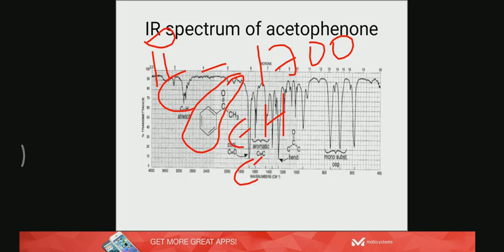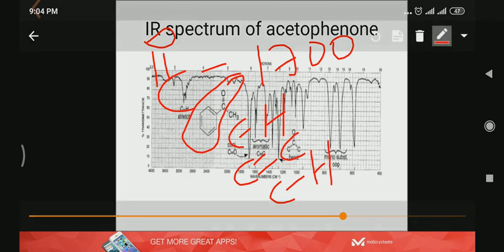There will be CC stretching due to aromatic ring at 1600 and 1475. See that there is a CH3 also connected to C=O group, so that will also give the CH stretching due to the sp3 carbon just below 3000 also.